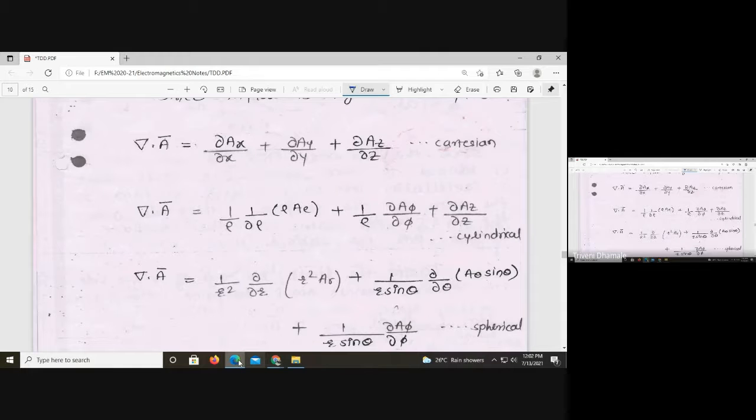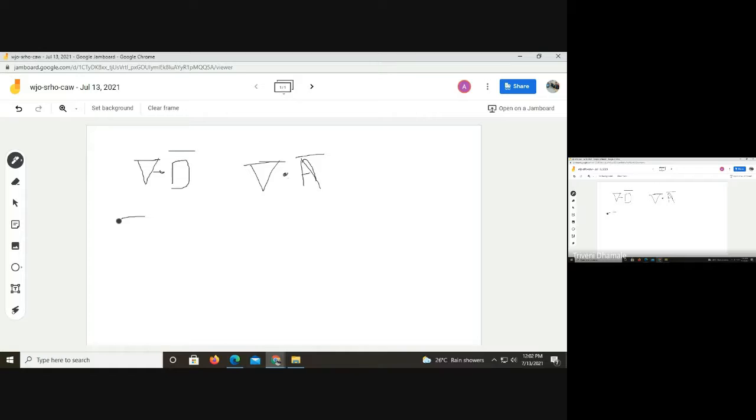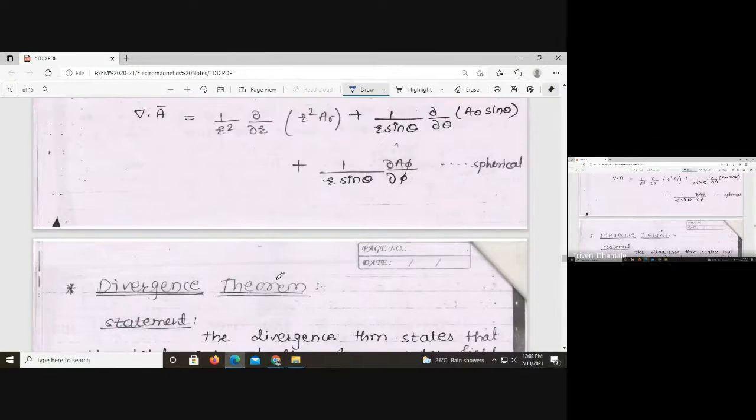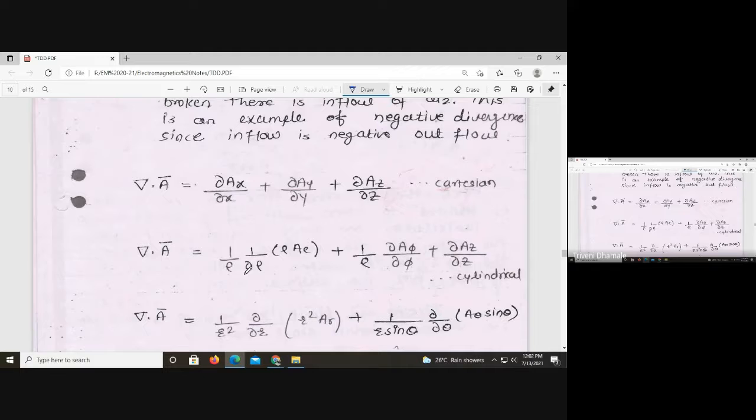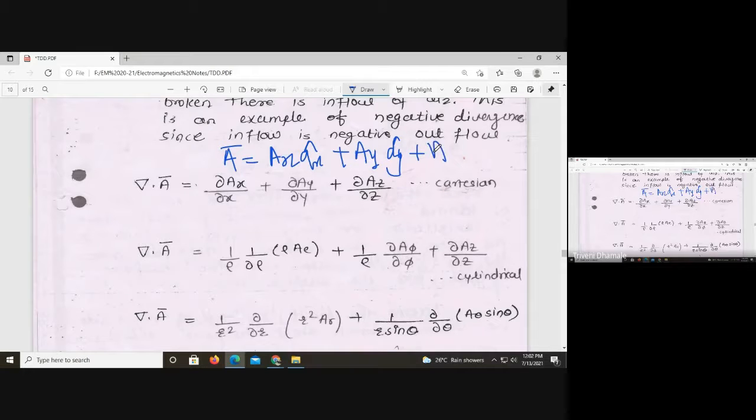To find the formula of the divergence of A bar, when del is there and divergence is there, suppose A bar is equal to Ax cap plus Ay cap and Az cap.